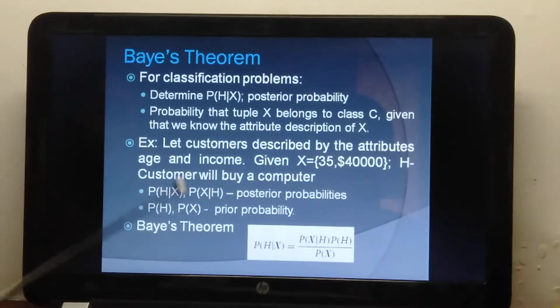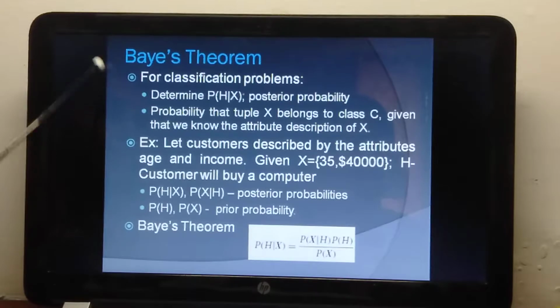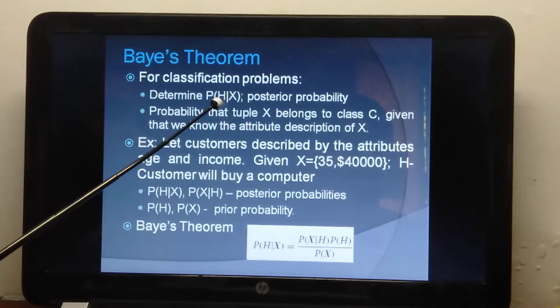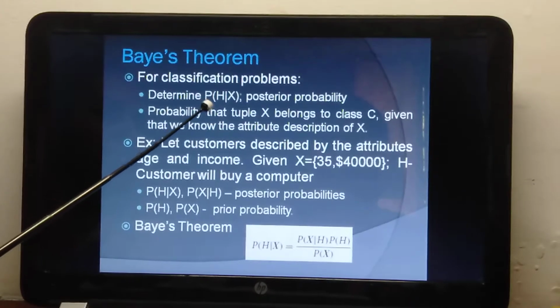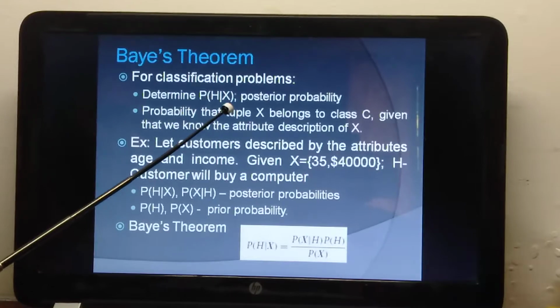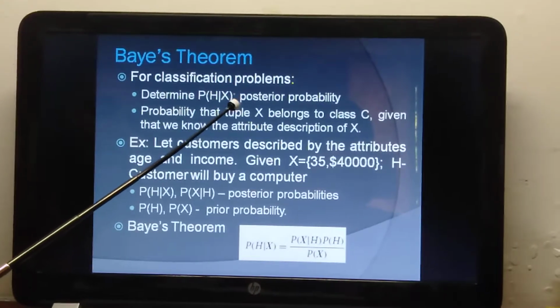Now let's first look at what Bayes theorem is. Bayes theorem is conditional probability. We already know what conditional probability is. Now, P of H given X. H is the hypothesis and X is the precondition, whatever value was there beforehand.